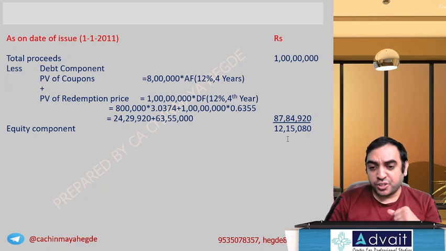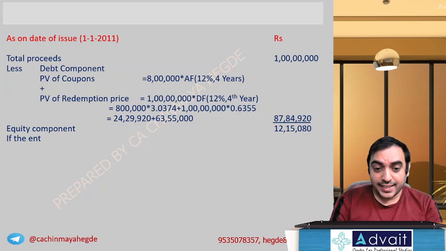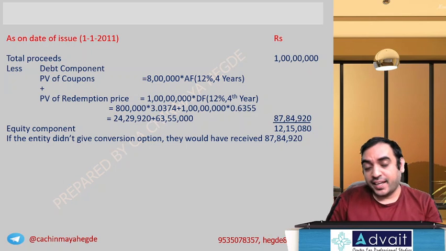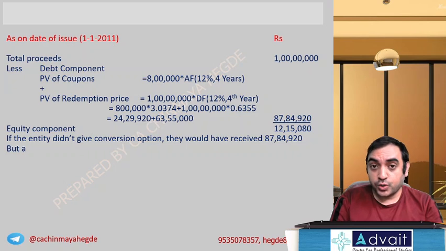So what would be the interpretation of 87? If the entity did not give the conversion option, they would have received 87 lakh 84,920, but actually received 1 crore.